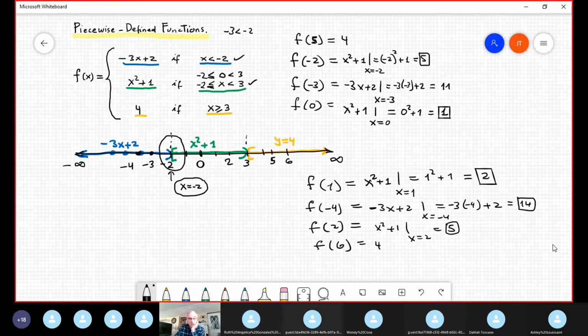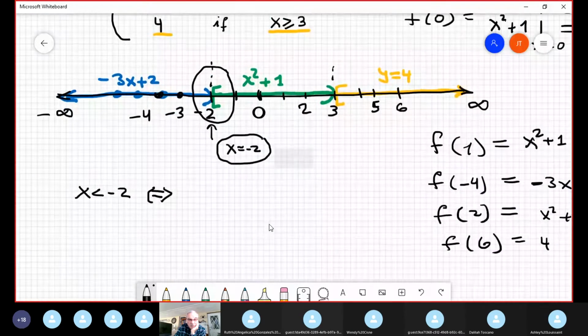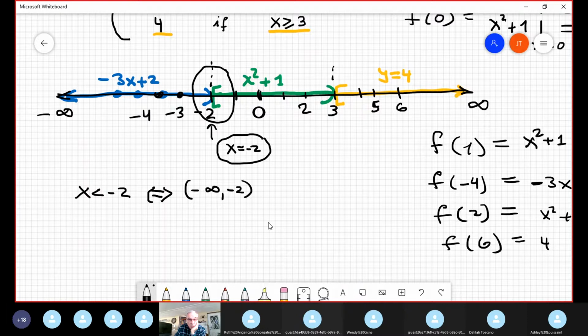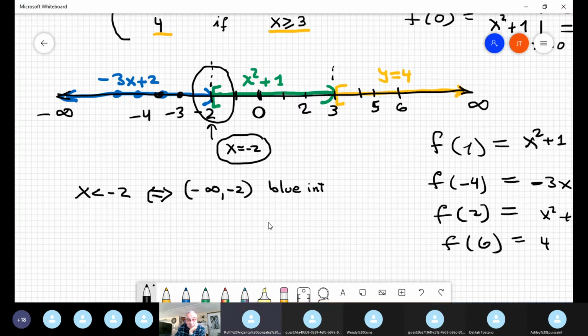So I suppose you need to see that the condition x less than -2 is equivalent to the interval between -infinity and -2, not including -2. So that is what I try to represent graphically in the blue interval. Does that make sense for you or no?